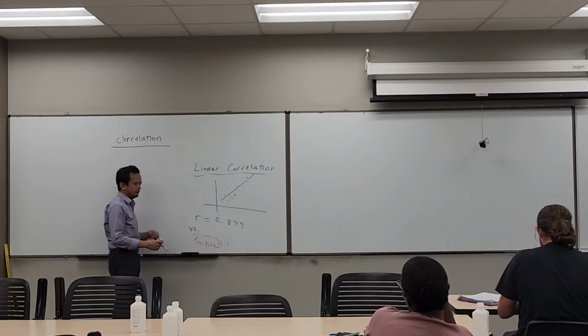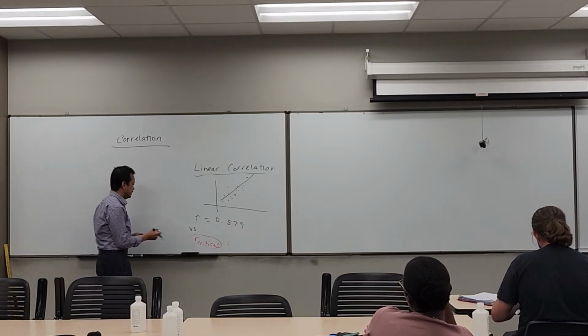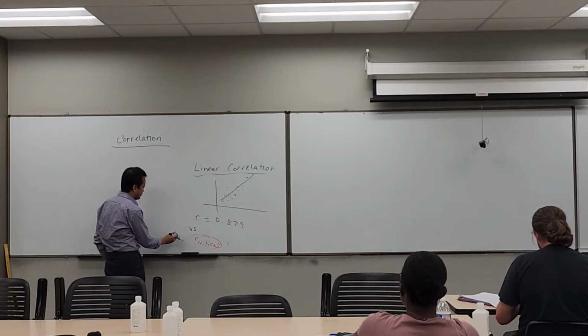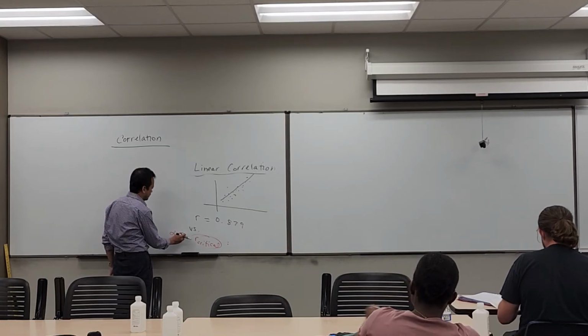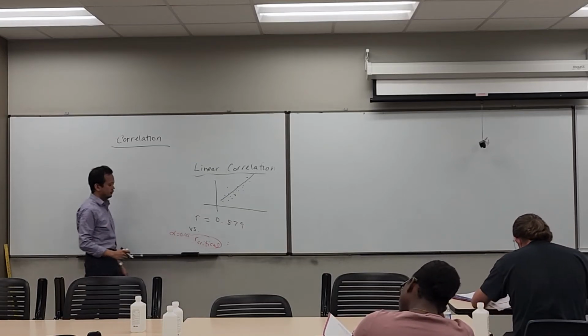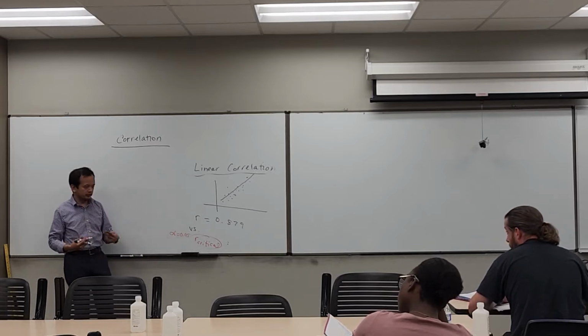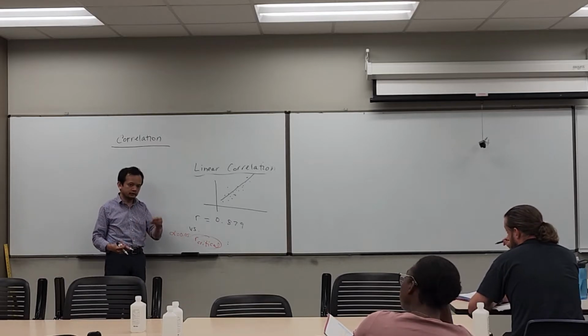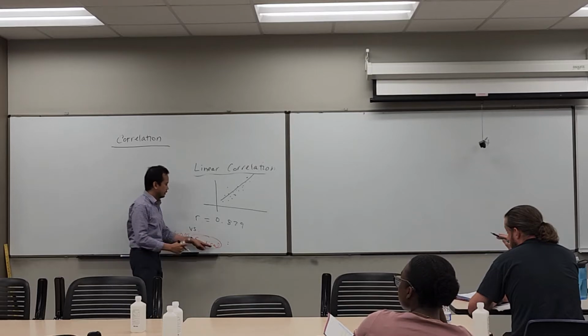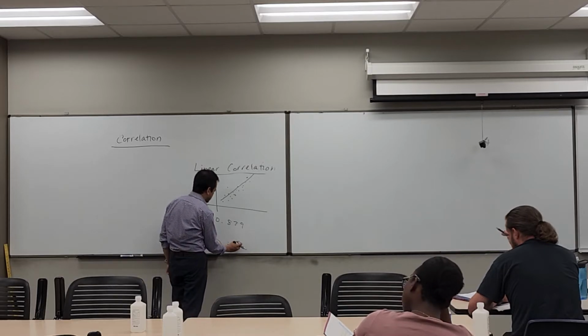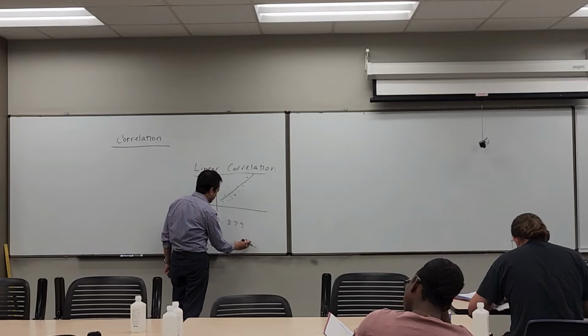And remember, R critical depends on your confidence level. Let's say you're willing to have slightly lower confidence, say 95%, where alpha is 5%. Then the threshold, the R critical, is going to be a little bit lower. So R critical, let's say, will be 0.852.